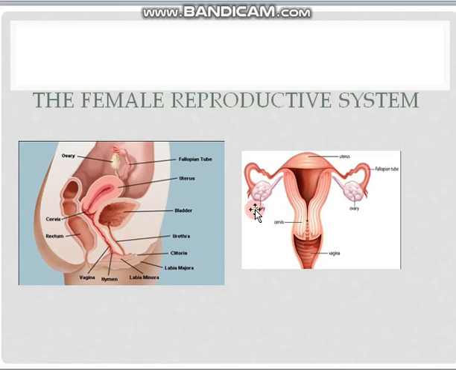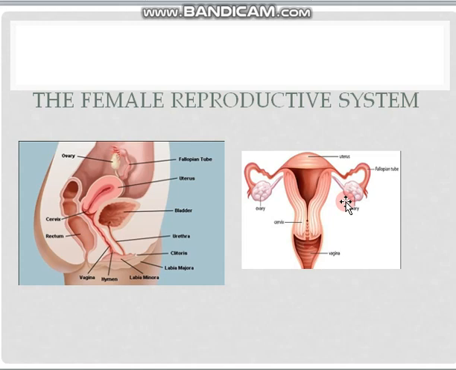So we're going to start with the ovary. Here we can see the ovary, and these ovaries are two, and they are oval in shape. They lie on both sides of the womb.